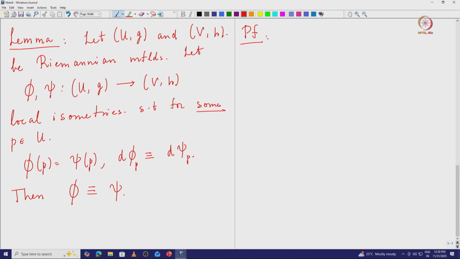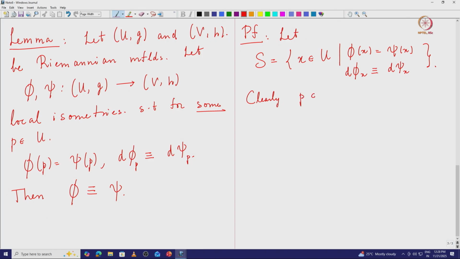What is the proof of that? Let us consider the set S, the set of all x in U such that phi of x is equal to psi of x, and the derivative of phi at x is identical to the derivative of psi at x. Then clearly P belongs to S, so S is non-empty. Also clearly S is closed, because phi, psi and their derivatives are continuous maps.